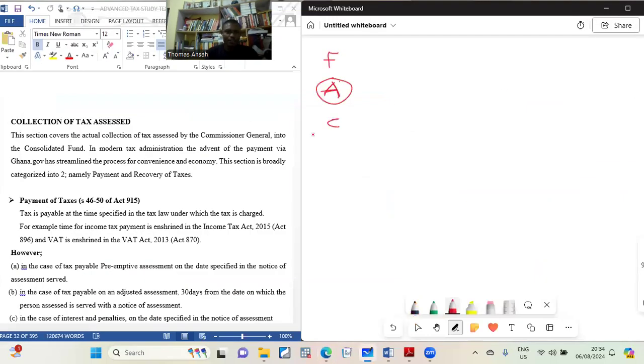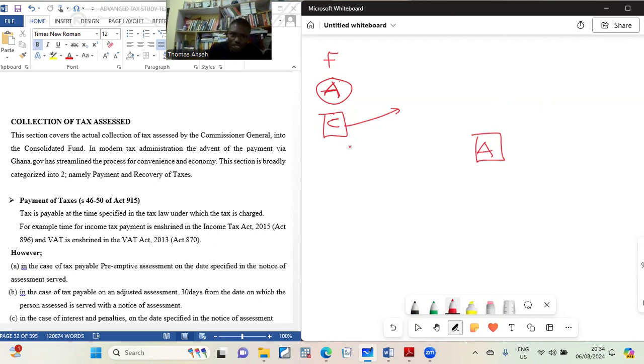But let's focus on collecting the tax assessed. It's very, very tricky. It's a very tricky area, and you should be mindful of that. Now, the thing is that the law says that any money, and that is the last thing we are doing for today. Because when it comes to the accounting for tax assets, it's outside our syllabus. How GRA accounts for the money is outside our syllabus.